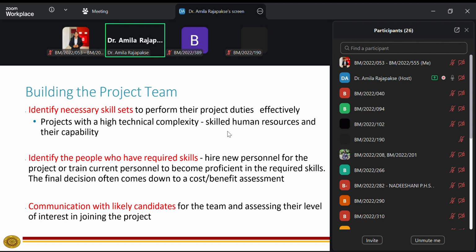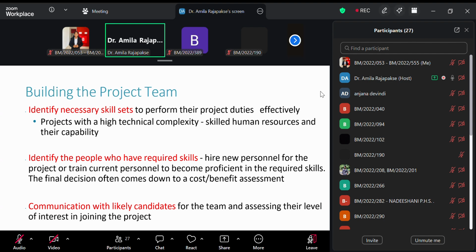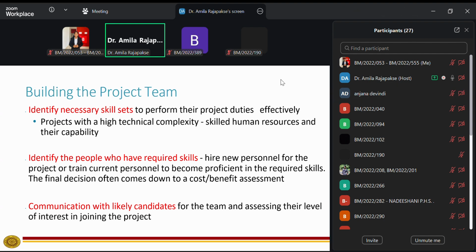Very often, we are focusing on the existing people within the company. It's not only that we are going to recruit from external, from other companies. So we need to hire the new personnel. Sometimes it may be a very crucial aspect, so in that case, we need to headhunt some technical people or these members.